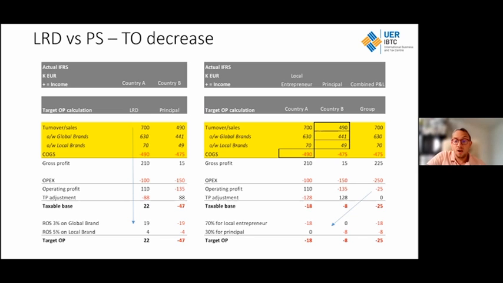We have a loss due to a decrease of turnover with only a little decrease of the associated costs, because you have fixed costs that cannot follow the decrease of turnover. You also split the loss. So profit split not only means a split of profit, but a split of the total amount of profit and loss. And in case of losses, you are splitting the loss.